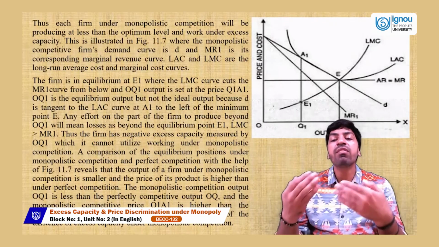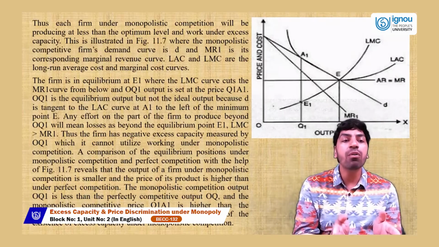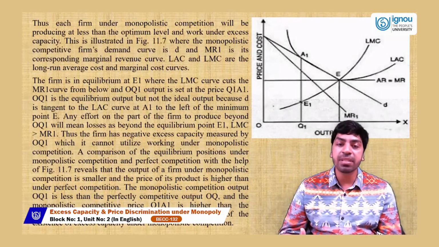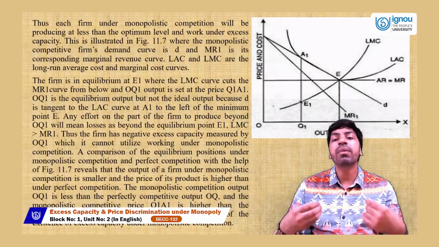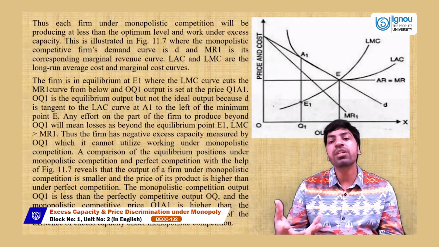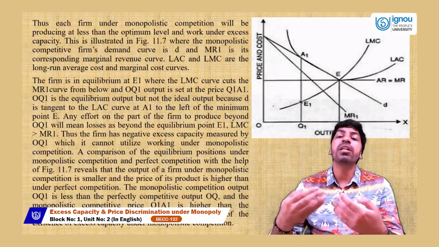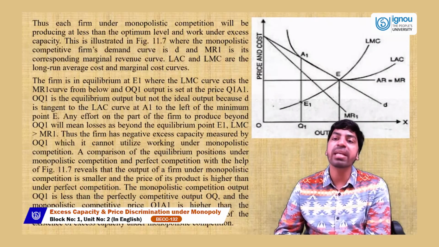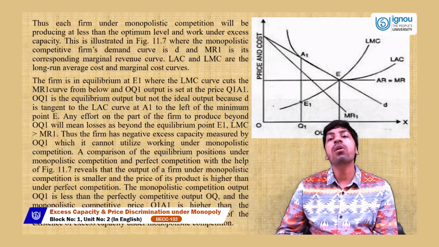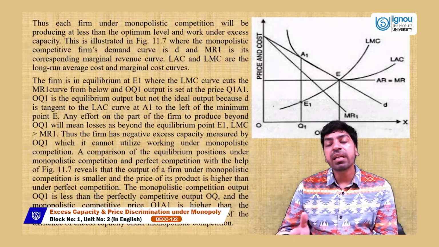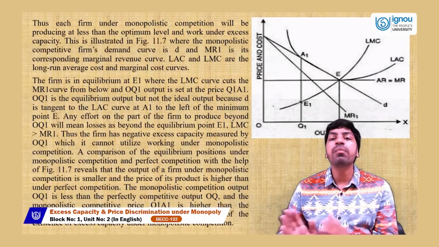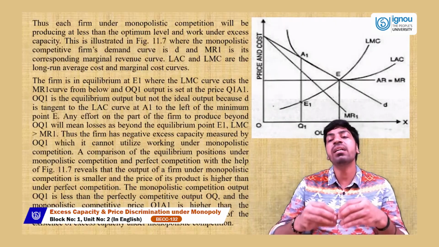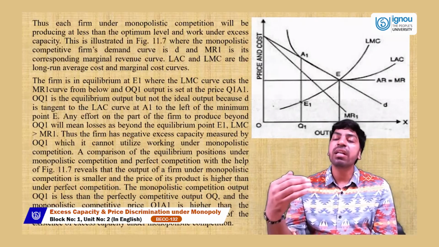When the firm is producing less than the ideal output, there is a chance of unutilized capacity, meaning units which have not been produced yet, that could be produced at the ideal output, reached at the point where the long run average cost takes a hyperbola position, or a U shape in a very flat way.